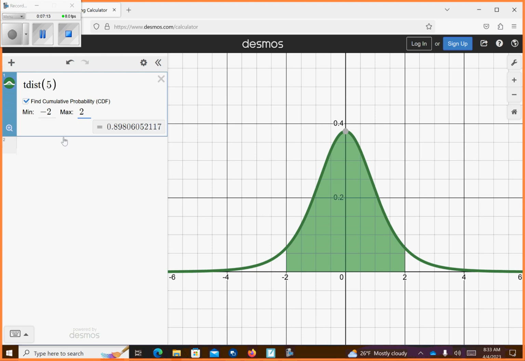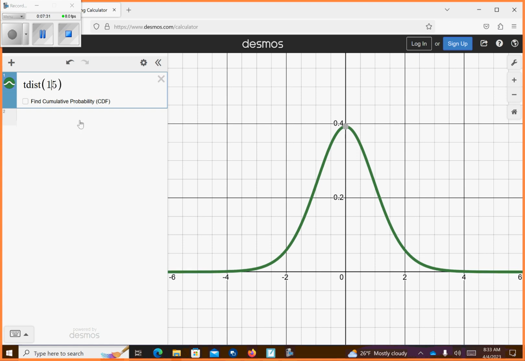It says, assume that a college professor uses a t-distribution to assign grades to each of his students using the degrees of freedom as part of the curve. On the most recent test, he chose 15 degrees of freedom. Show the calculator command. Okay, well, turn that off. 15 degrees of freedom. There's my calculator command.